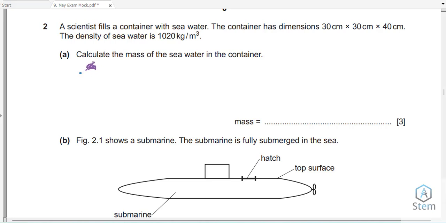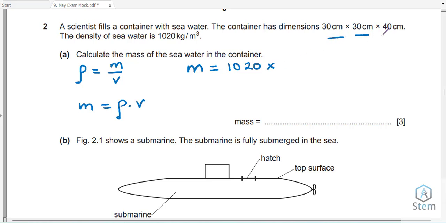We know from density equal to mass over volume, we can say mass is equal to density multiplied by volume. So in this case, mass is equal to density 1020. Volume is length times width times depth.